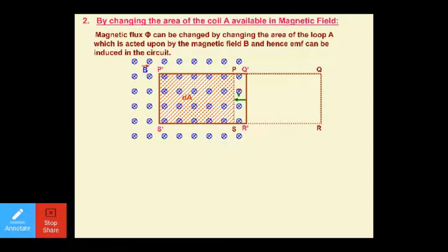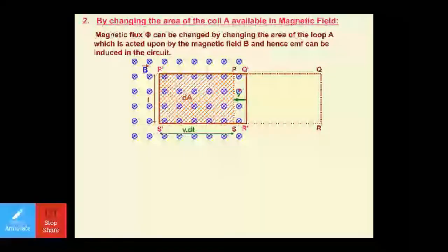Now it is having more area in the magnetic field. Now area is equal to length into breadth, right? Let's take the length, that is L. And what is breadth? Breadth is equal to velocity into time, because it is the extent which is moving into the magnetic field. So it is moving with velocity v, and in time delta t, it is reaching this particular point. So breadth is equal to v into delta t.